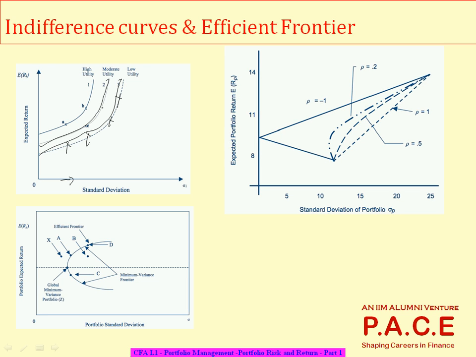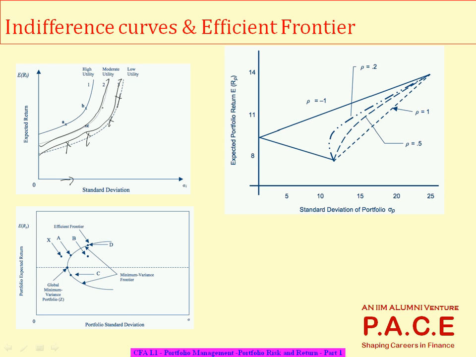Now, what about the one which is even more above it? Generally high utility, very high utility, because I prefer that one. If I plot all the portfolios like this, whichever is the highest gives me more satisfaction. Those are the utility curves or indifference curves.